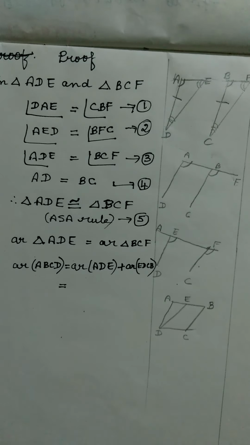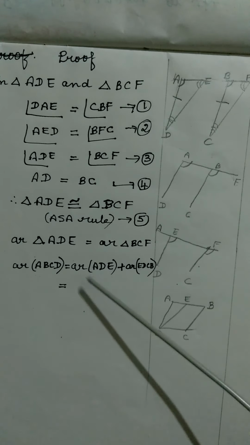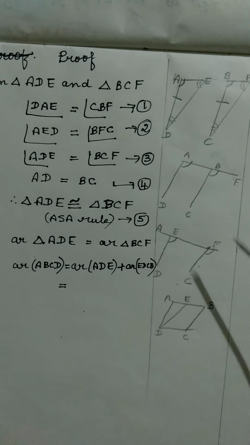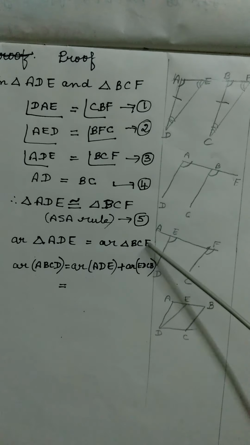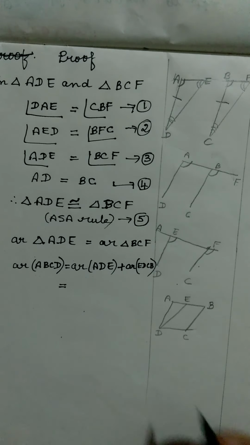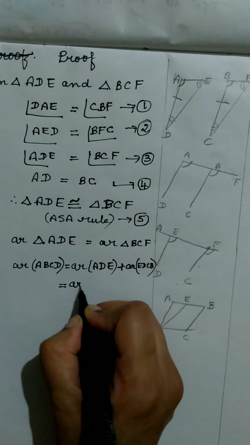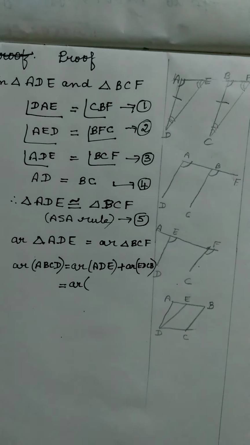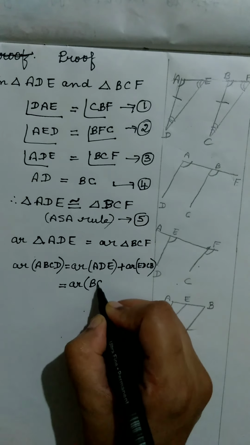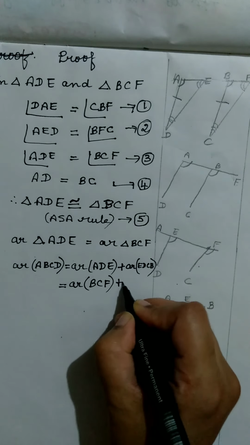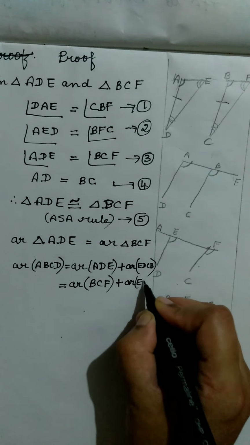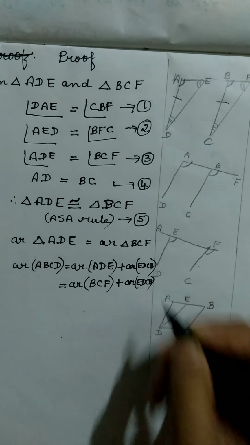In the next step, we know that area of triangle ADE is equal to area of triangle BCF, and it can be written as area of parallelogram ABCD is equal to area of triangle BCF plus area of parallelogram EDCB.